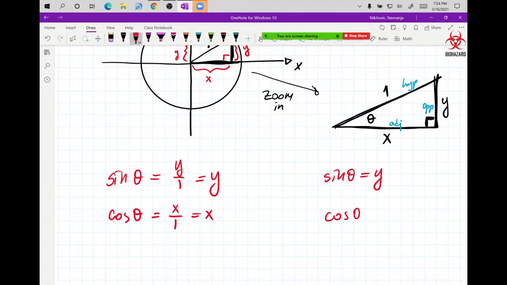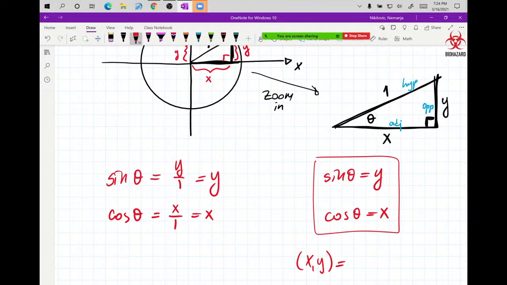So cosine theta is going to give me x. So that means that my point (x, y) is actually (cosine theta, sine theta) if I know what the values are of those for the given angle.